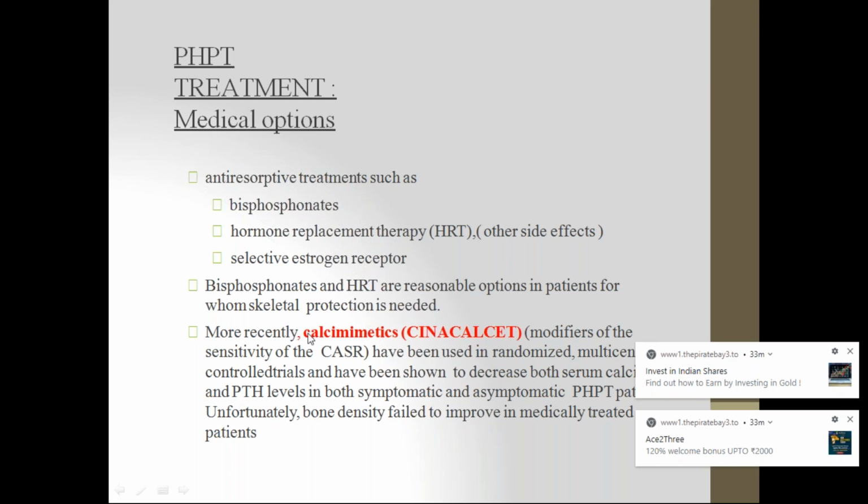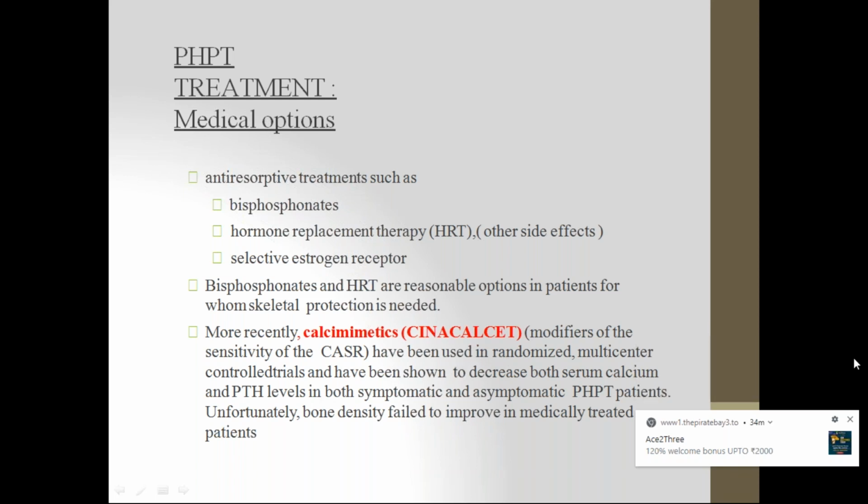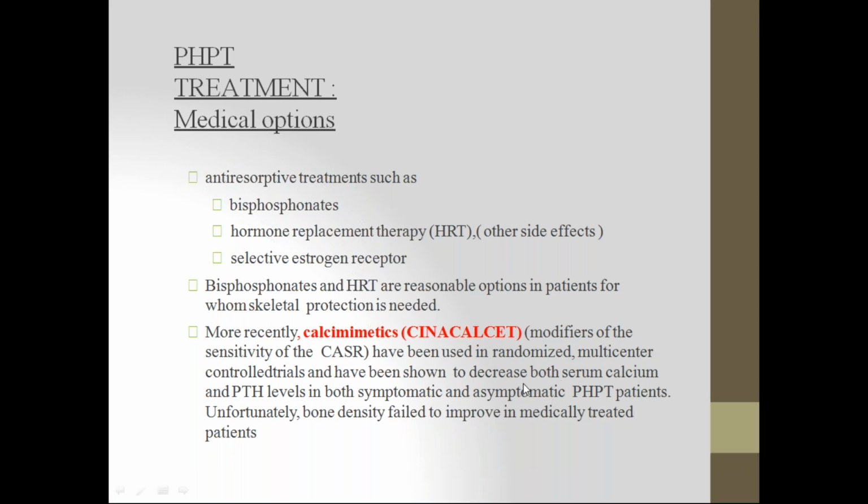More recently, calcimimetics like cinacalcet, modifiers of the sensitivity of the calcium sensing receptors, have been used in randomized multi-center controlled trials and have been shown to decrease both serum calcium and parathyroid levels in both symptomatic and asymptomatic primary hyperparathyroidism. Unfortunately, bone density failed to improve in medically treated patients.